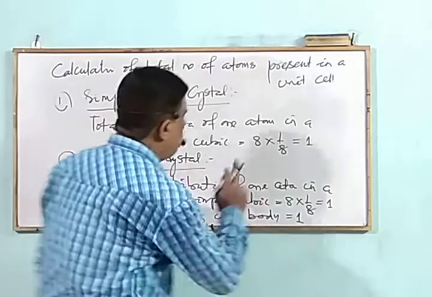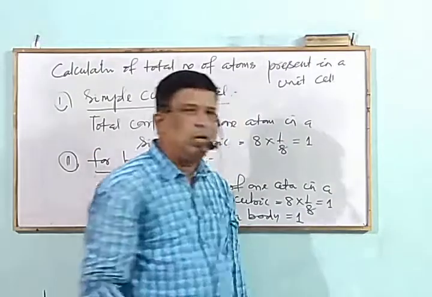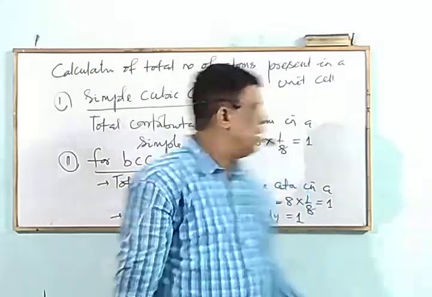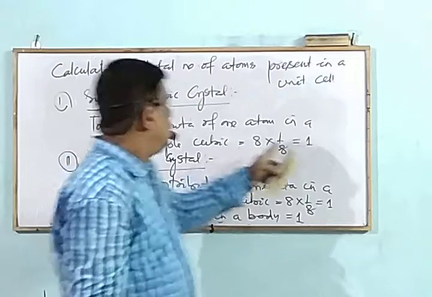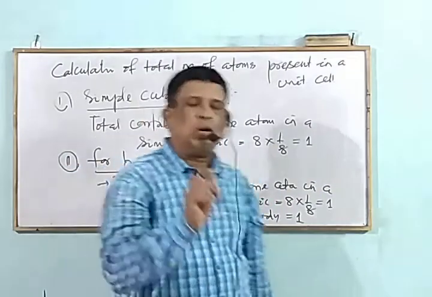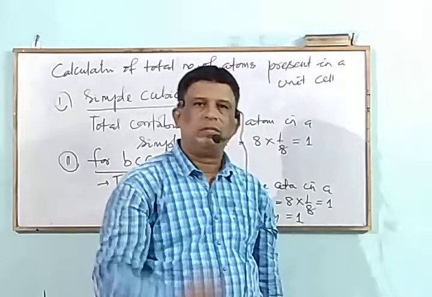Therefore, the total number of atoms in a unit cell is equal to 1 plus 1, that is 2. Hence, in case of simple cubic, total number of atoms is 1. In case of BCC, total number of atoms is 2.